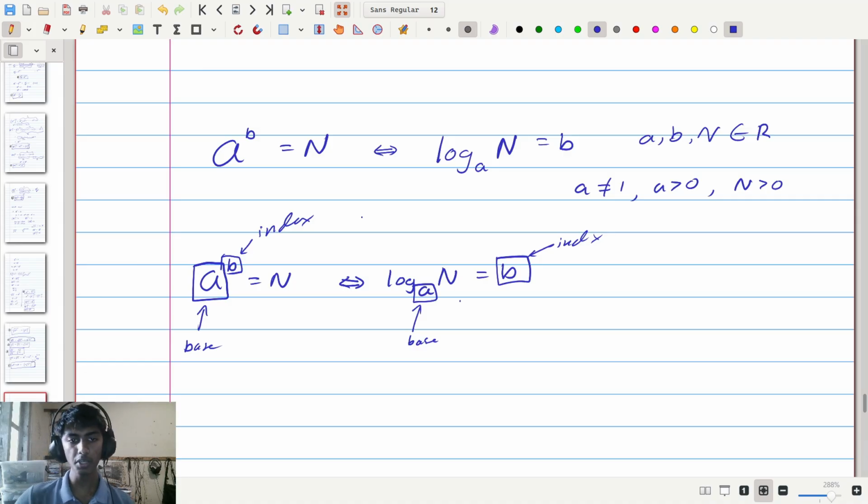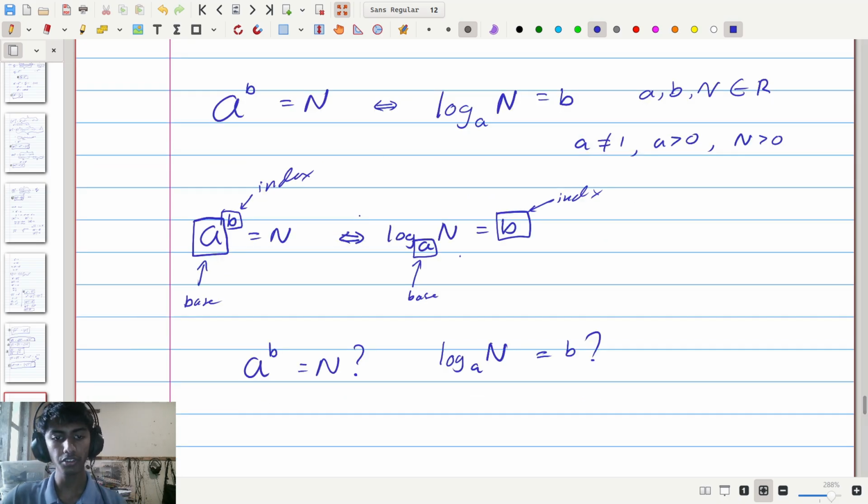So on the left hand side, the question we're asking is, a when raised to the power b is equal to what? On the right hand side, the way we phrased it, it seems like we're looking for, I have a, I raised it to some power and I got n. What is that power? So these two are solving for two different things.